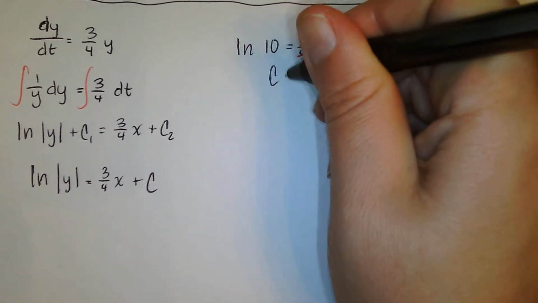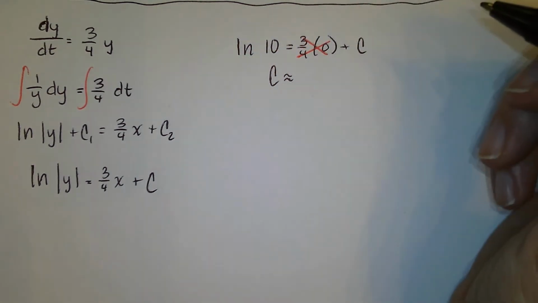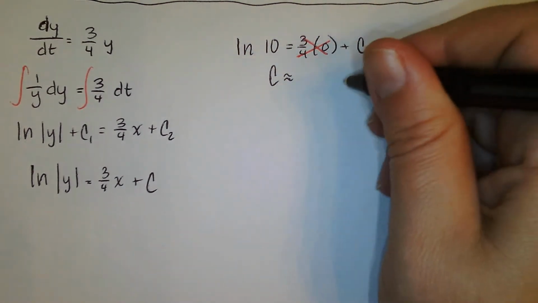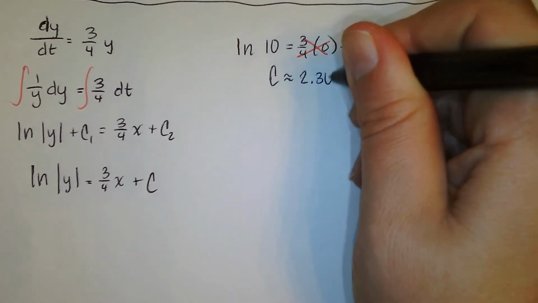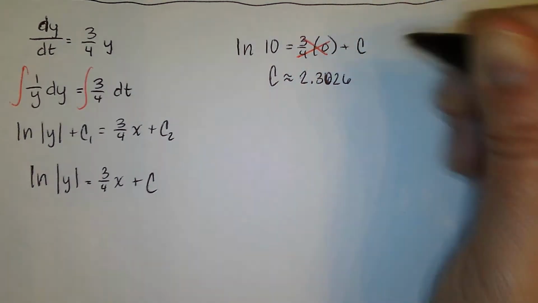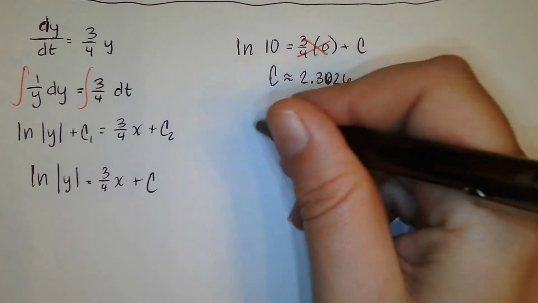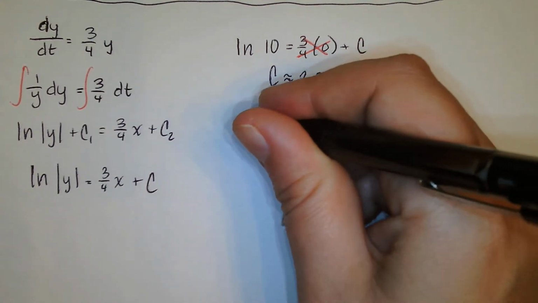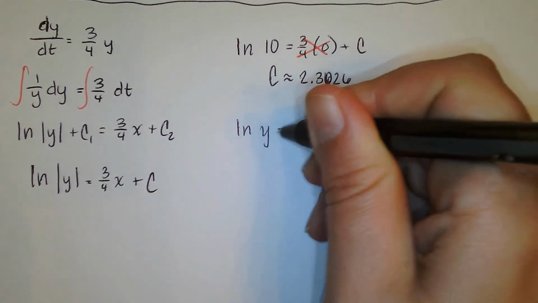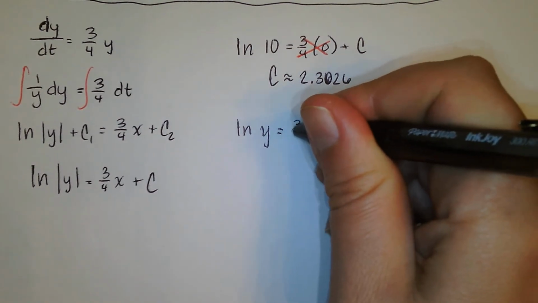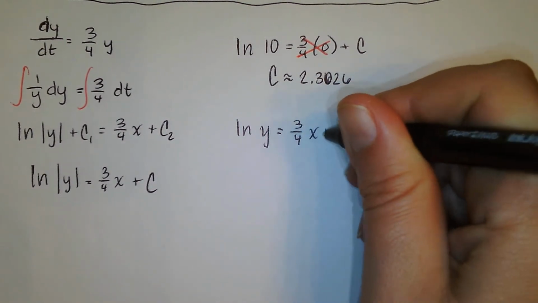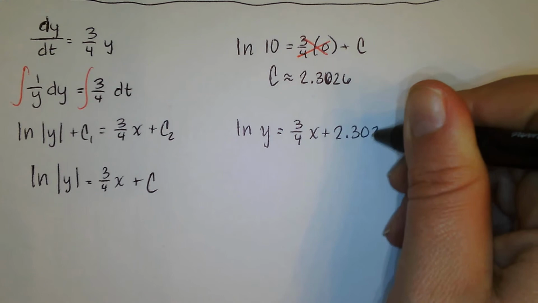What is the ln of 10? It's about equal to 2.3026. So our actual function here would be ln of y is equal to 3/4 t plus 2.3026.